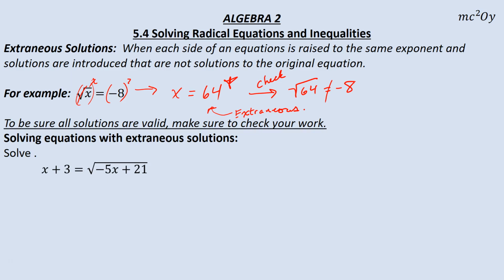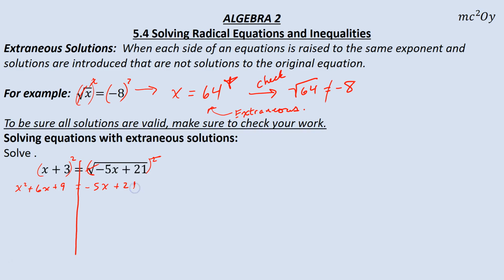All right, so let's go ahead and try when we solve this equation, and let's see if there are any extraneous solutions. So the first step, I'm going to go ahead and square both sides. Just like we did a minute ago, there's going to be a binomial squared, which is x squared plus 6x plus 9. And this cancels this, so -5x plus 21.